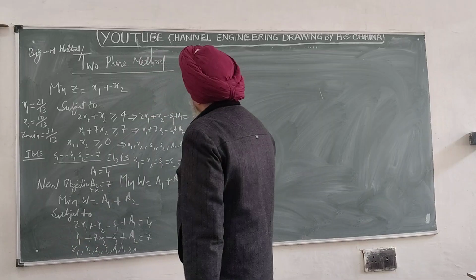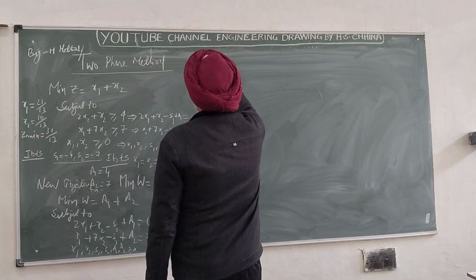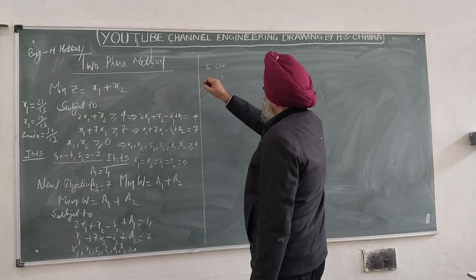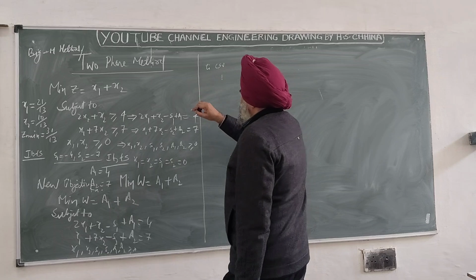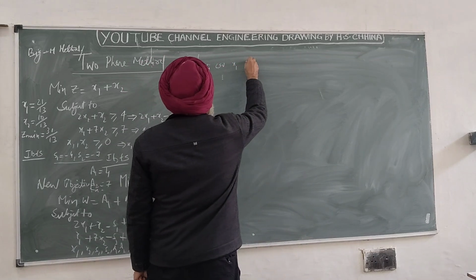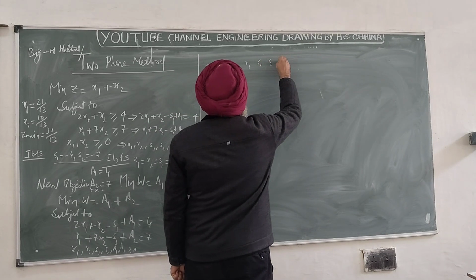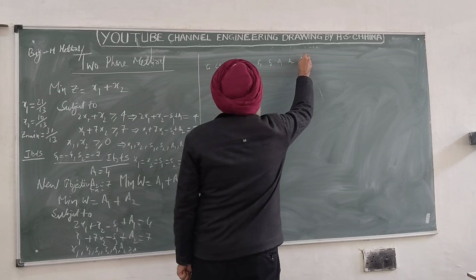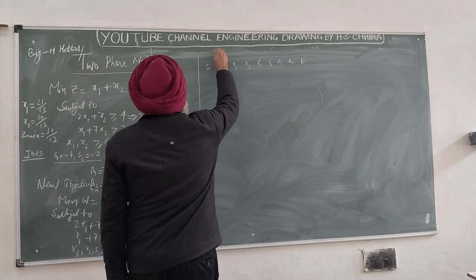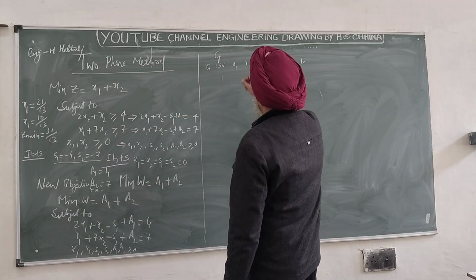Now again we will solve the same problem. This is a minimization problem. Again we are going to make the table. Current solution variable, Cj is the coefficient in the objective function of the incoming variable. Here it is x1, x2, s1, s2, then a1, a2, then b. From the first constraint, and here it is Cj. Please don't convert it into a maximization problem, leave it as minimization.